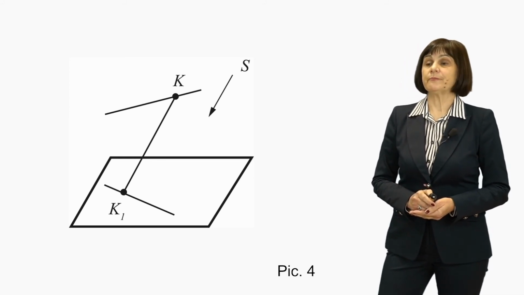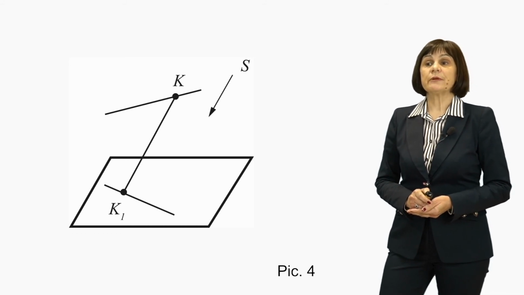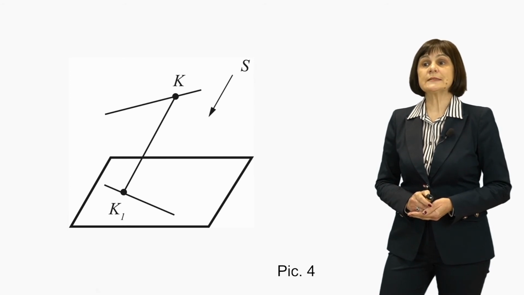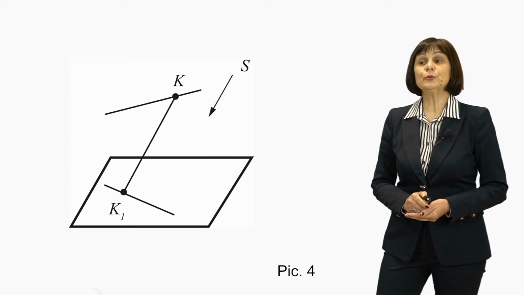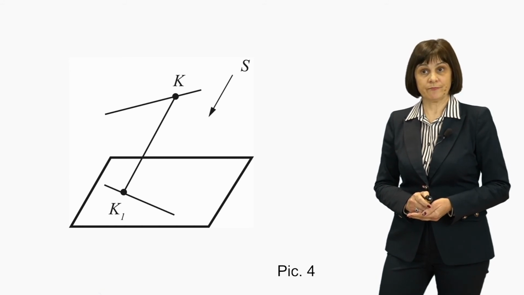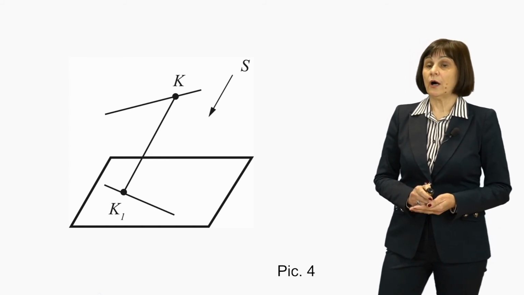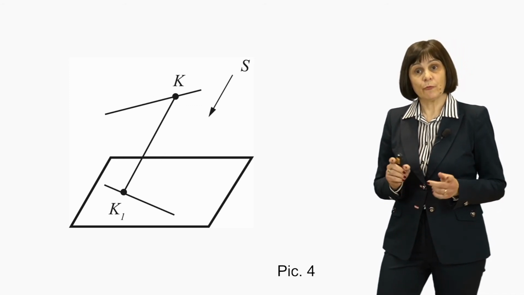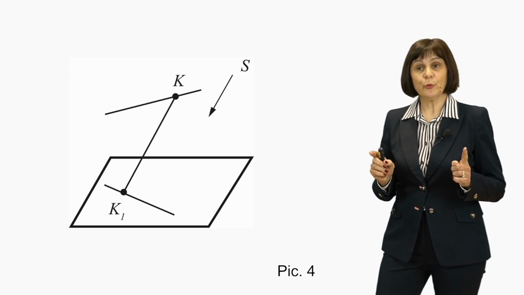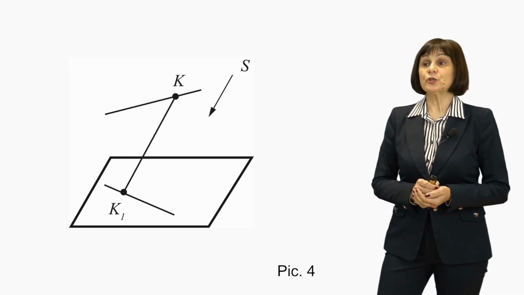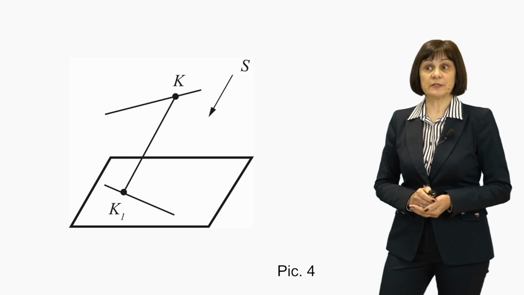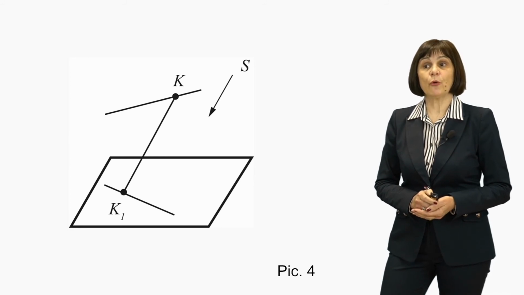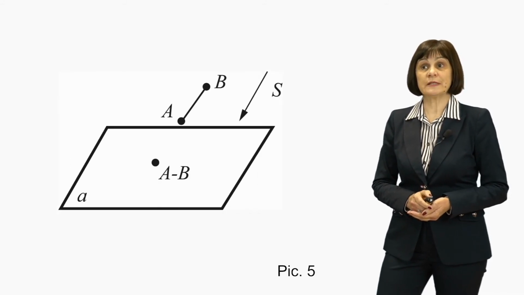Next property, to construct a projection of a straight line, it is enough to construct a projection of only 2 points of this line. You know the rule that we can construct a line passing only through 2 points.